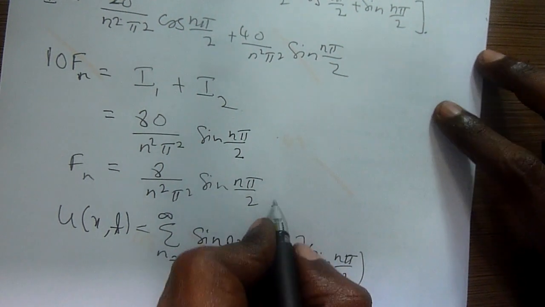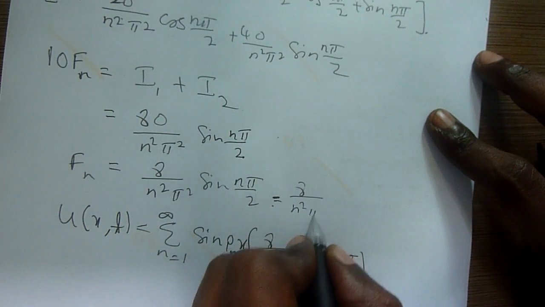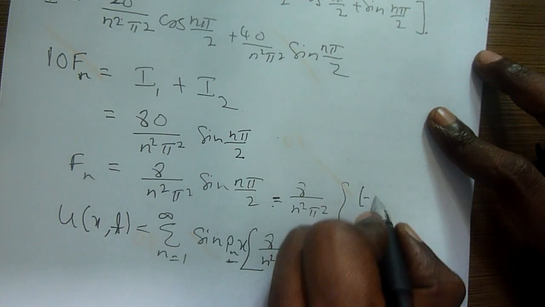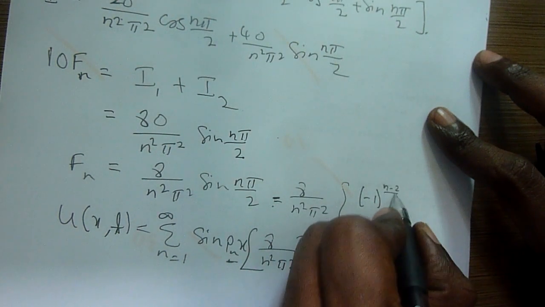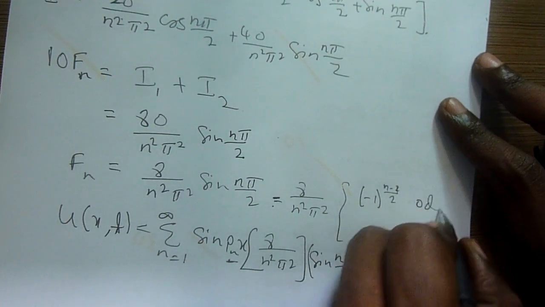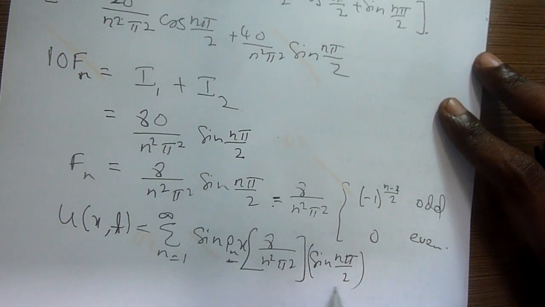And some of you say, sir, can I change this 8 and 2 pi 2? This is negative 1 and minus 2, and minus 1 2 for the odd, right? 0 for the even. Can I change this and place it here?